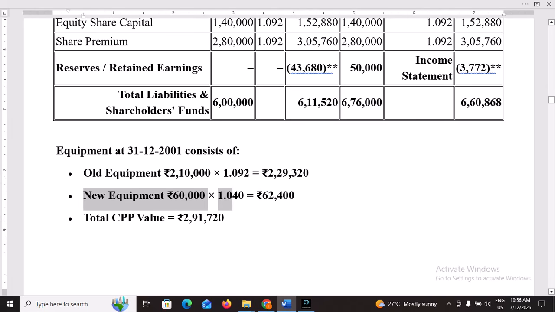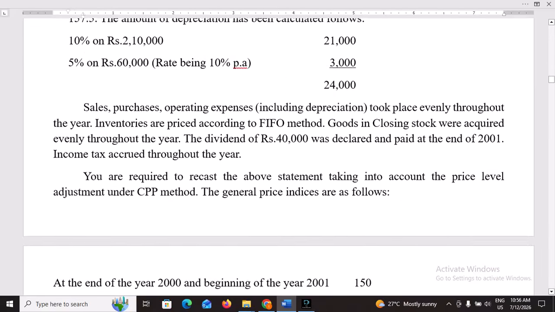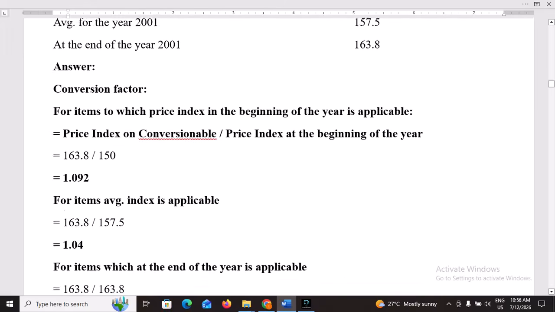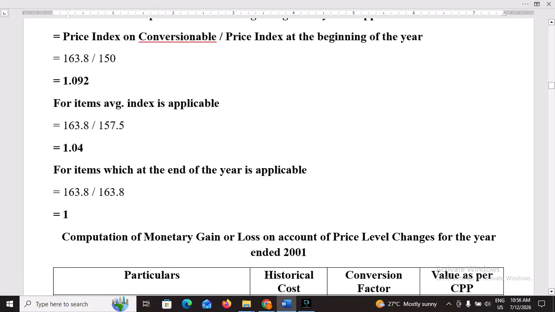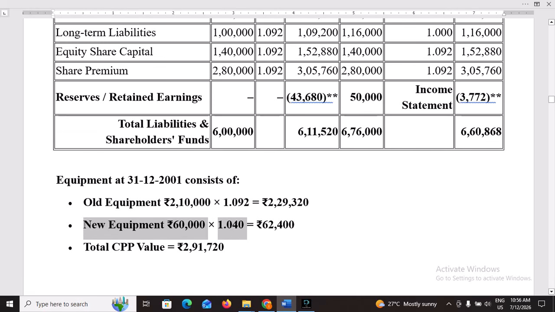The conversion factor is the average conversion factor, because the purchase was on July 1, 2001, the middle of the year. Middle of the year means average conversion factor, 1.04.